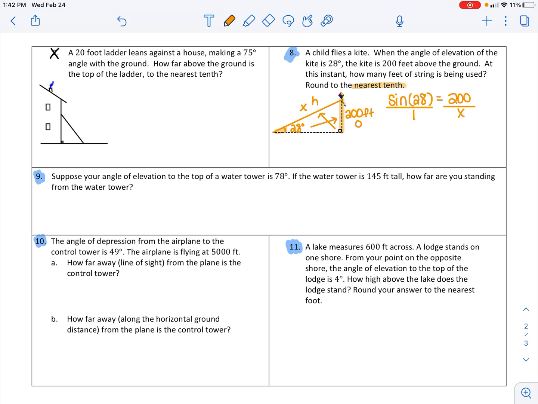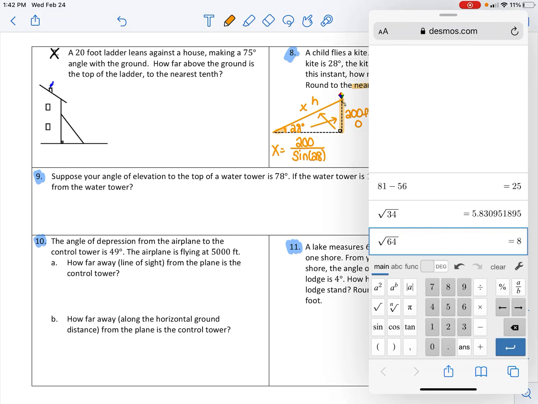Here we're going to go ahead and cross multiply. So I get 200 is equal to x times the sine of 28. And to get x completely by itself, we have to divide that sine of 28 away. So I'm going to do that on both sides. Okay, so it cancels out on this side, and I end up with x is equal to 200 over the sine of 28.